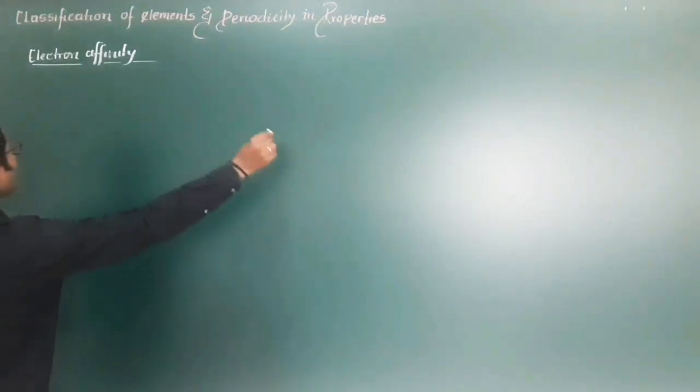Right? Now, in order to understand electron affinity, first we shall consider a simple outline of an atom. Let us say that this is an atom, taken in its gaseous state, and that it is neutral, in the sense that it has no charge.